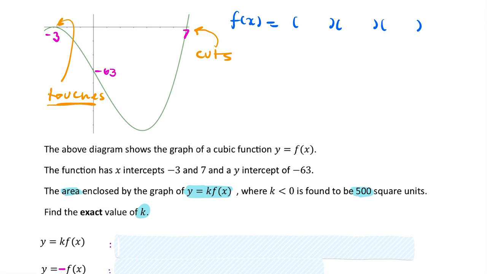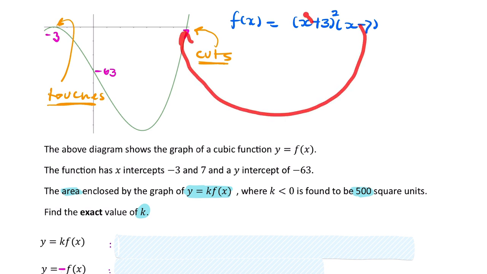And the difference between cutting and touching is that when it touches the axis, that's where you have a repeated root. So what you probably have is something like this, where this will be x plus 3 and x minus 7. So the x minus 7 refers to this point, and the x plus 3, and this tells you that you have a repeated root.